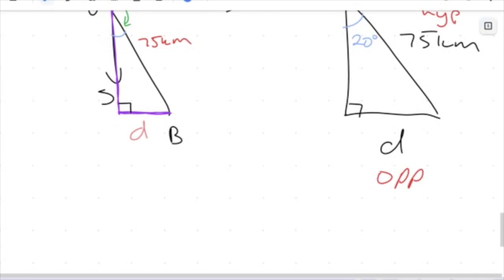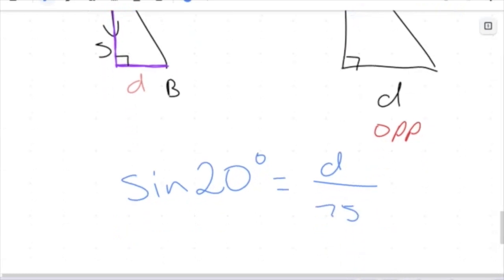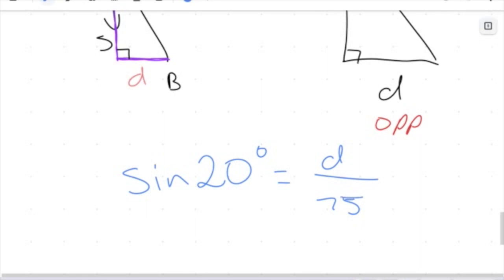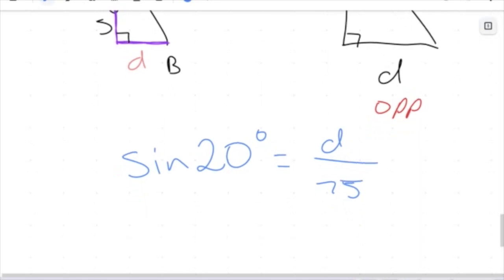So that means that the sine from the perspective of my angle 20 degrees is going to be my opposite D over my hypotenuse 75. And this becomes really similar because I just want to solve the equation in the same way. So I'm going to multiply both sides by 75 because I want to undo this division of 75.